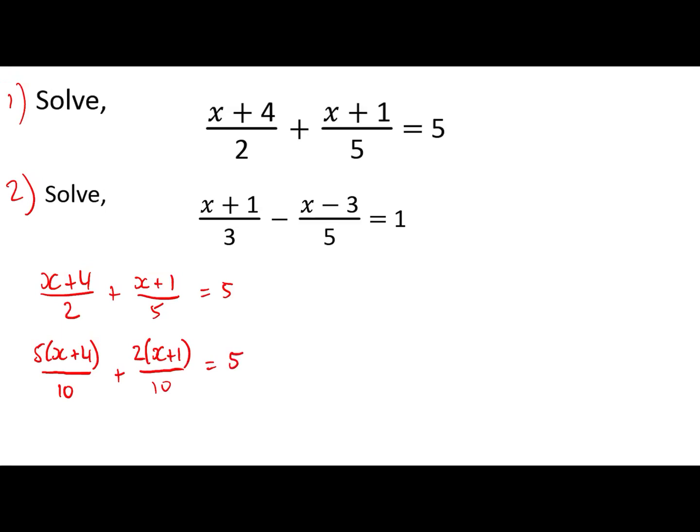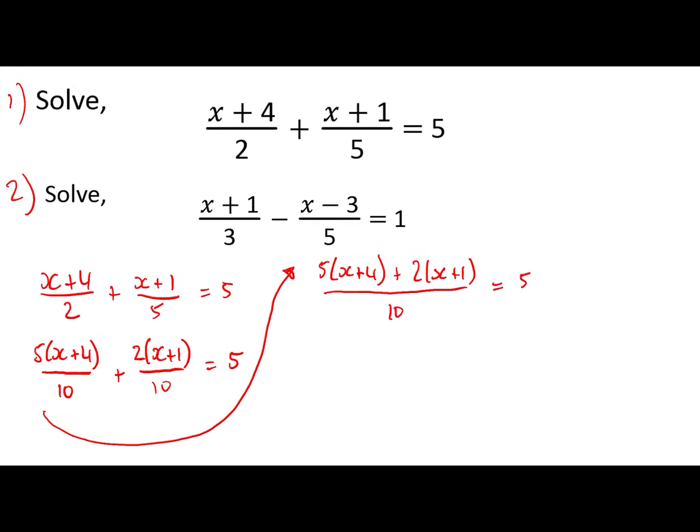Okay? So now I'm able to bring the fractions together under one common denominator. So obviously you will just write underneath. I don't have space. So I will write 5 times x plus 4 plus 2 times x plus 1 all over 10 is equal to 5. Okay?